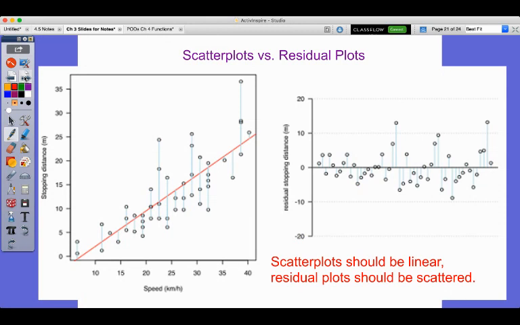So next, we want to compare scatter plots and residual plots, okay? This was a scatter plot, which has a line of best fit drawn through it, and you can see the residuals, right? This guy here is a negative residual. This guy here is a positive residual. And if I go over to this graph and graph all of my positive residuals and all of my negative residuals on my X scale, this X scale is just listing them all from left to right, okay?